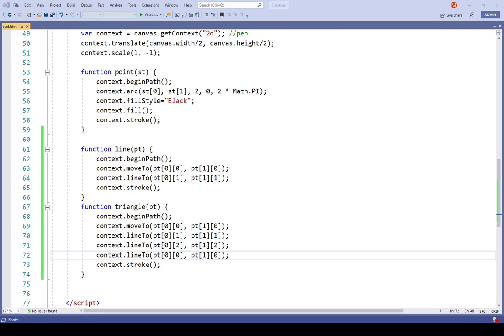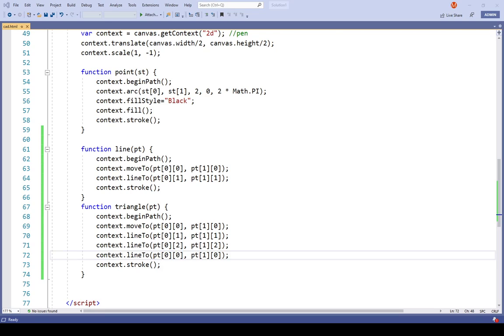So now my triangle points, that is my A dash, B dash and C dash. So this belongs to A dash, then I will be having B dash, then I will be having C dash.